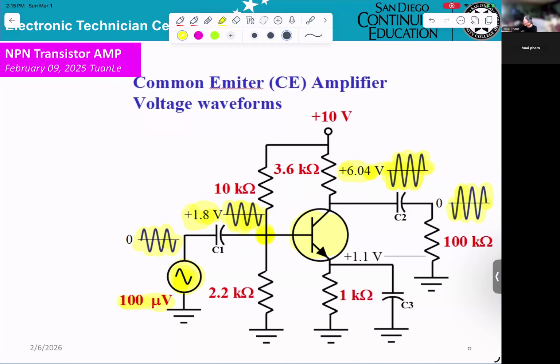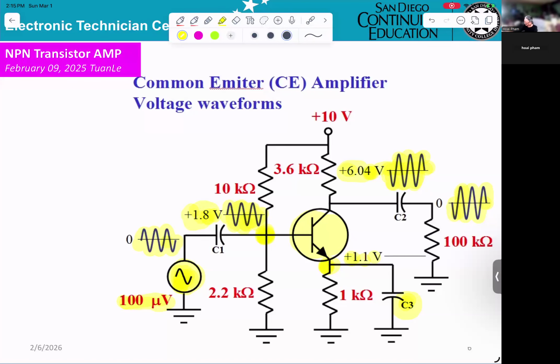So 6.04 cannot go to the output, and this is the final output. Only AC. Okay? And finally, at the emitter, they are supposed to get 1.1 volt DC and also the sine wave. However, you can see the capacitor C3 is a bypass capacitor.